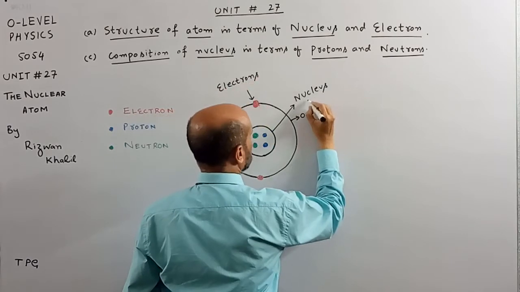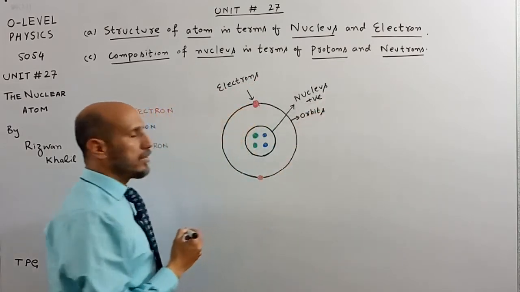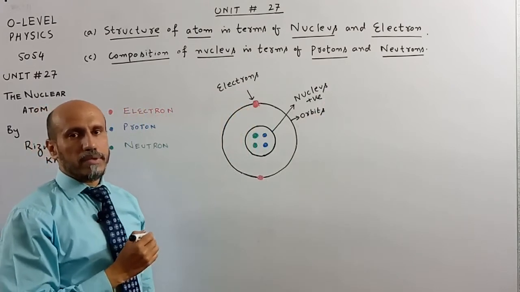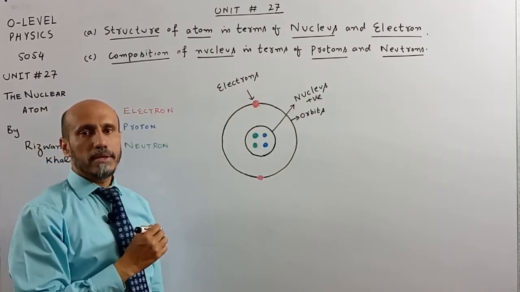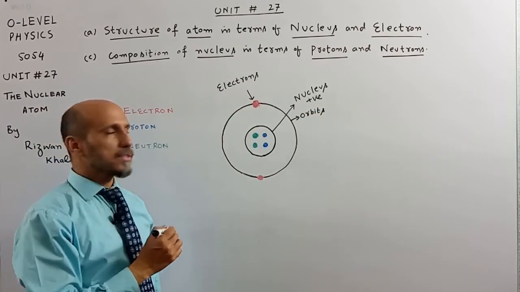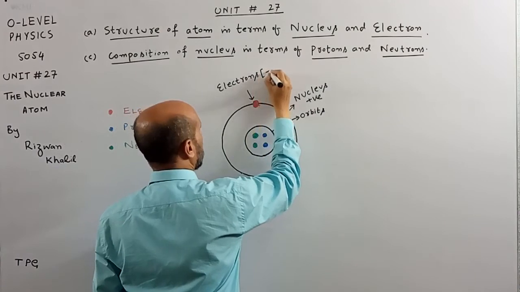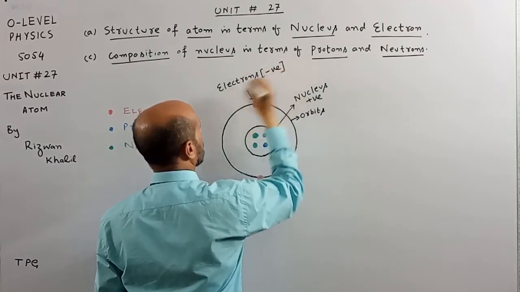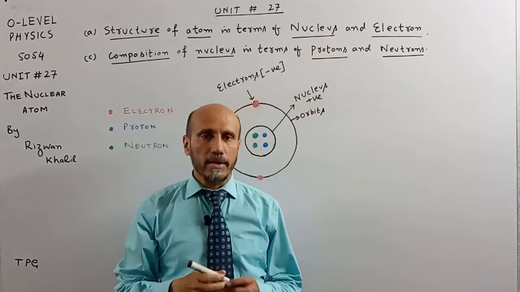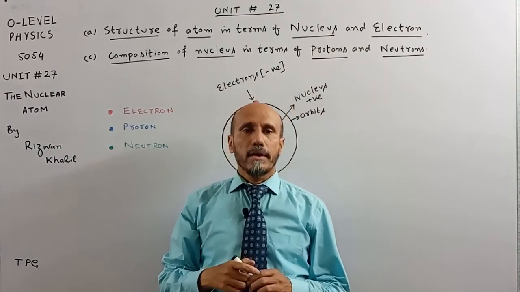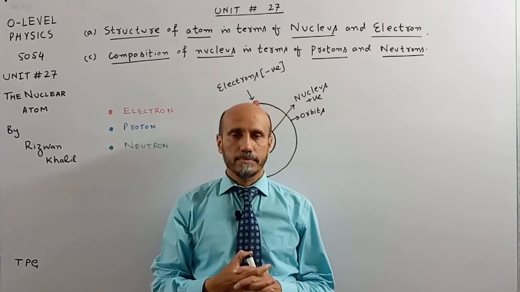Definitely the nucleus is a positively charged particle, and the particles which revolve in fixed orbits around the nucleus are called electrons, and they carry negative charge. So the nucleus is positively charged while the electron is negatively charged.